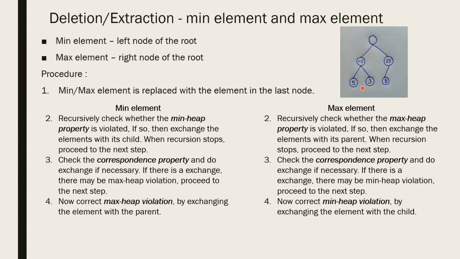Then we check for the correspondence property, and if it is violated, we do the exchange. If we exchange some elements, there may be a chance of a min heap violation also. We have to check that, and once that is done, the deletion will be completed.